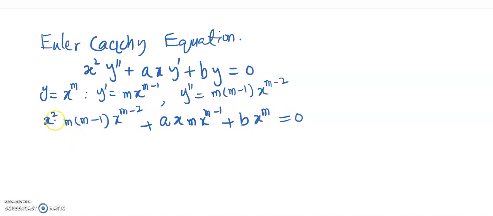In this case, what you can see is x square and x power minus 2 cancel out, so that becomes 1. And here we are left with m into m minus 1.